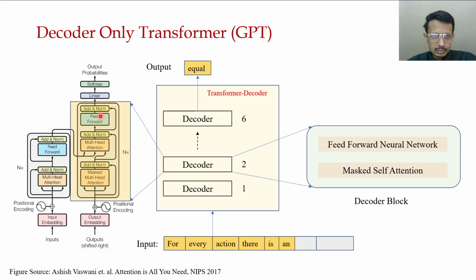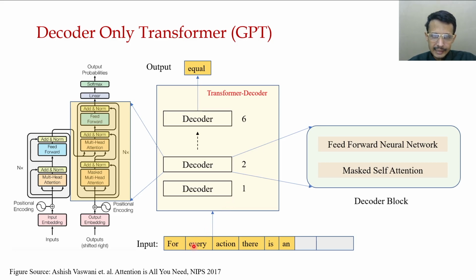Here we can see there is a masked multi-head attention, so it's a kind of self-attention. We will come to what is masked. Then there is add and normalization, then feed forward, and so on. So mainly these two things we have to understand: masked self-attention and the feed forward neural network. Now how does this architecture work?